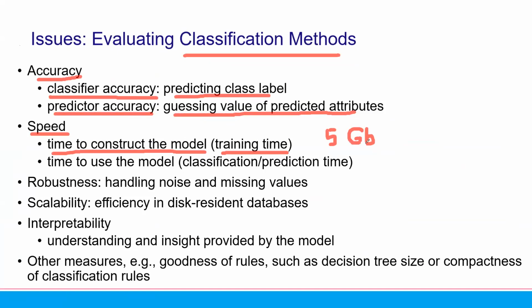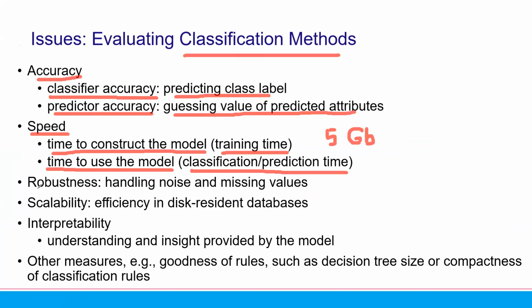And we can just get the result after 3 days. So it means the algorithm is not that quick. So we need to find a good algorithm to solve the problem very fast. Or we need to also consider the time to use the model, the classification or prediction time. If the model is good, but the time to use the model is big, then it will not be good as well.